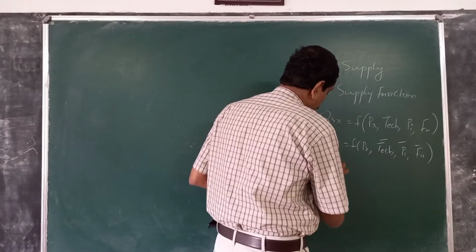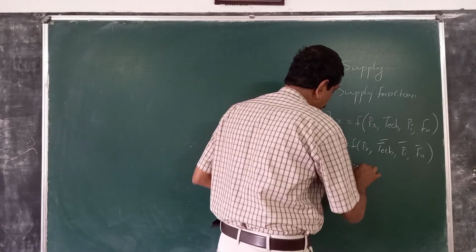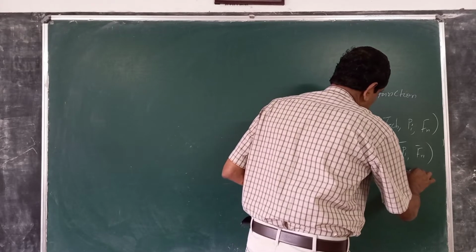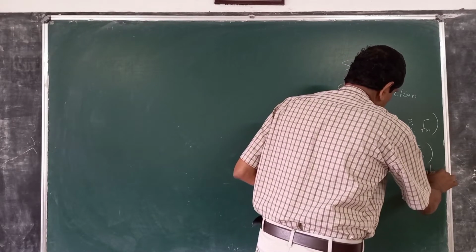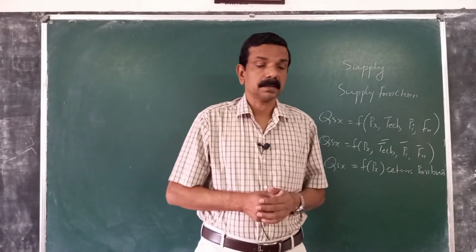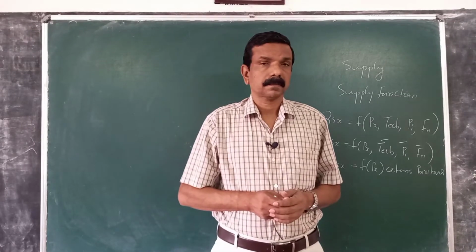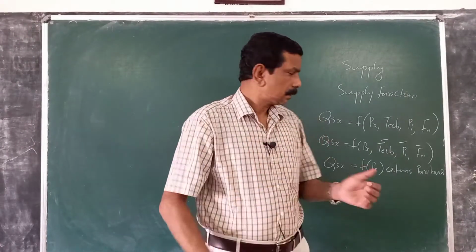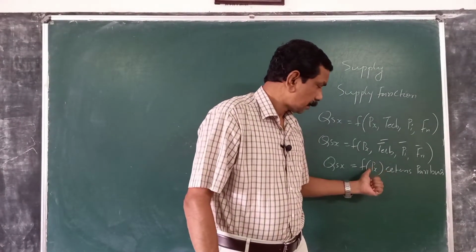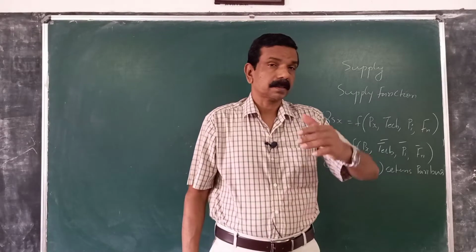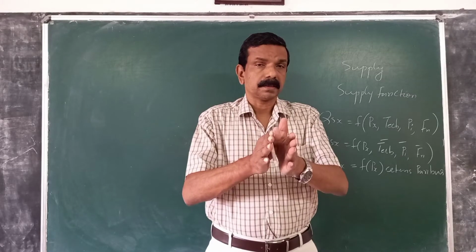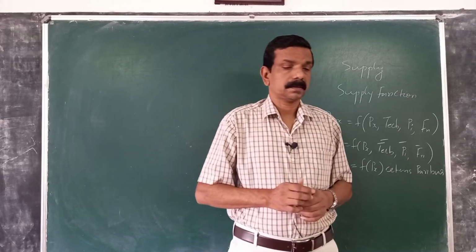As in the demand function, we write QSX is a function of PX, ceteris paribus. This is an individual supplier's supply function, keeping all the factors other than price held constant.